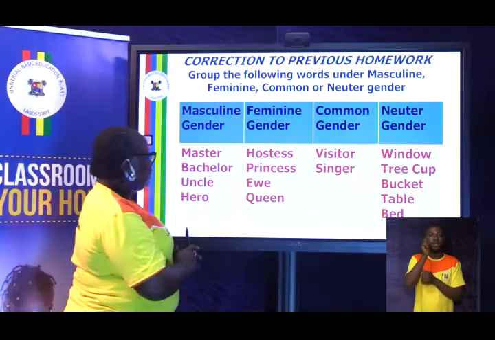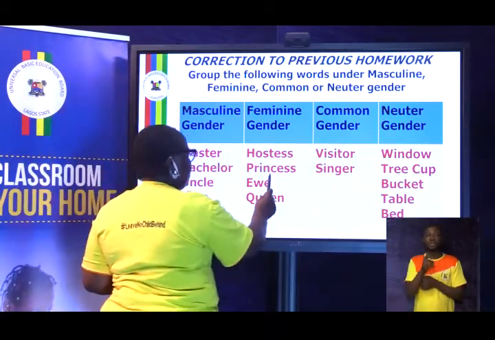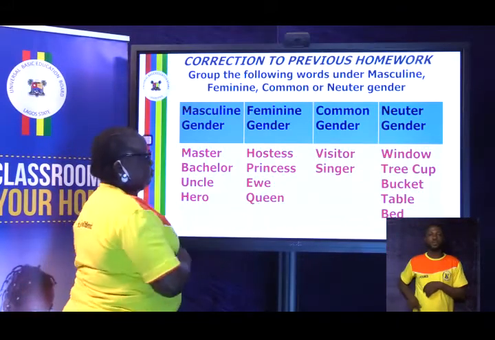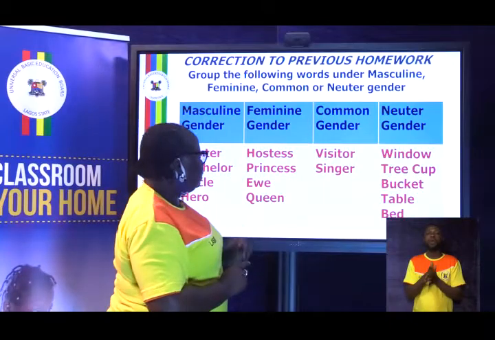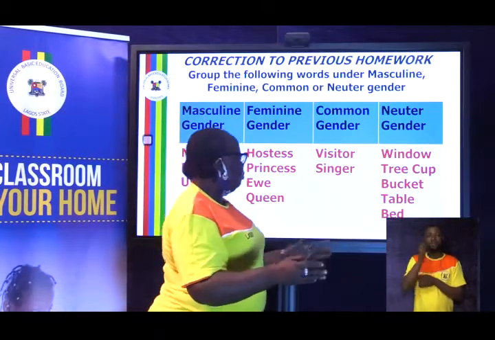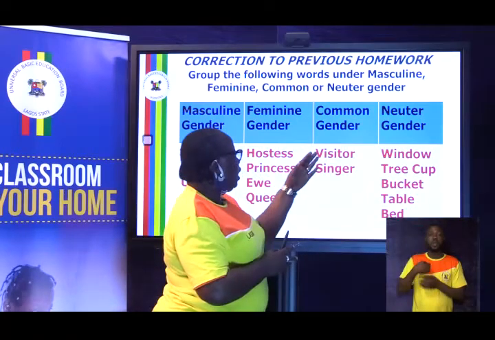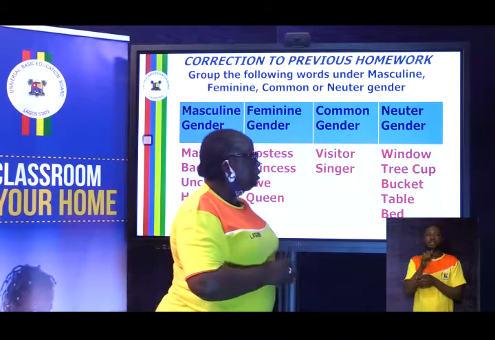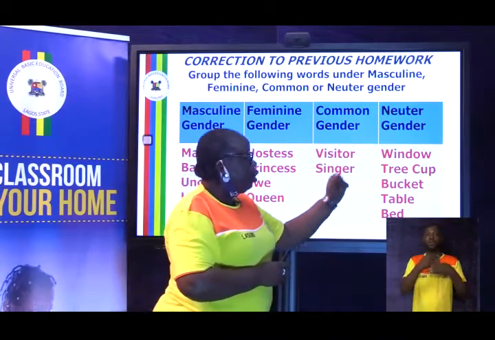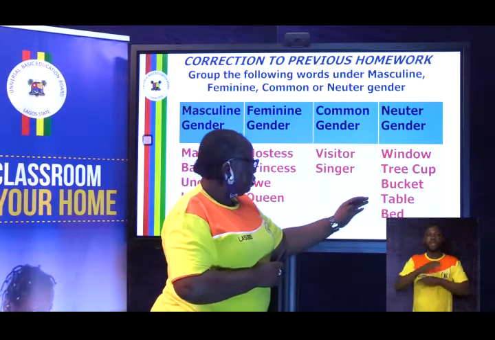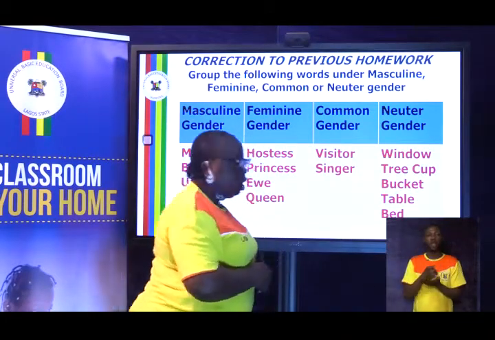Going to the feminine gender, we have hostess, princess, and queen. Under the common gender, that is the gender that is for both male and female, we have visitor and singer. And in our neuter gender, we have window, tree, bucket, table, bed, and cup.